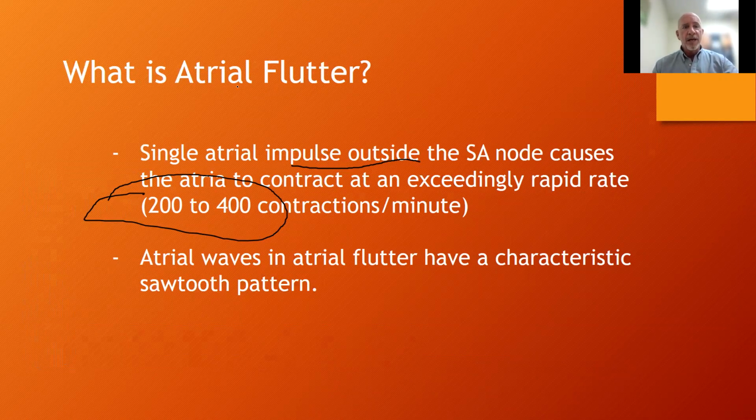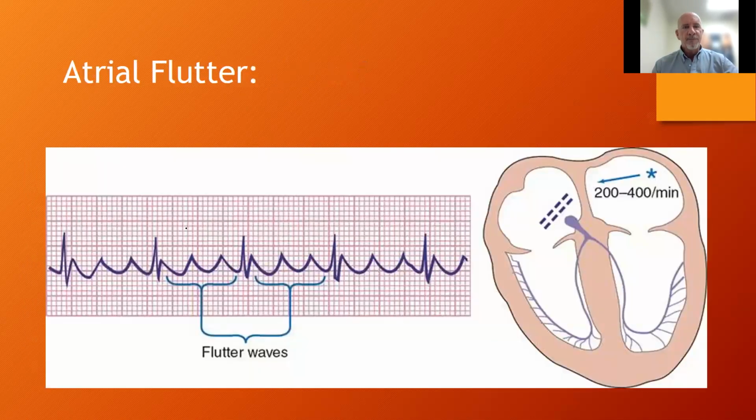Now we get on to atrial flutter. Atrial flutter is pretty much the same thing as atrial fibrillation. It just looks different. Now, in this case, what's happened is you have a single irritable foci in the atrium. So you get a regular looking pattern. And what we call this is sawtooth because it looks like the teeth on a saw.